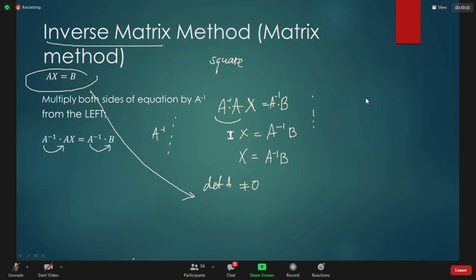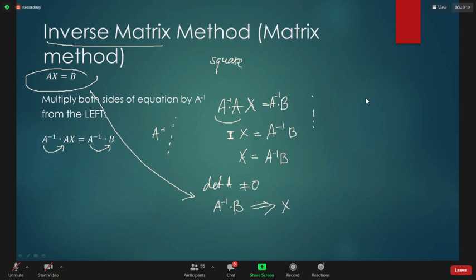So you check the determinant is not 0, then you find the inverse matrix, and then you multiply this inverse matrix by the column matrix B. And this method says that now you have found the solutions.